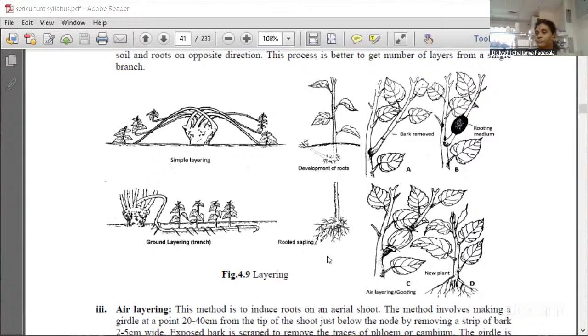Thus, silkworm rearing requires the quality of the leaf. The quality of mulberry leaf depends upon the environmental factors, cultivational methods, irrigation, soil structure, soil type, pruning methods, and fertilizers and rainfall factors.